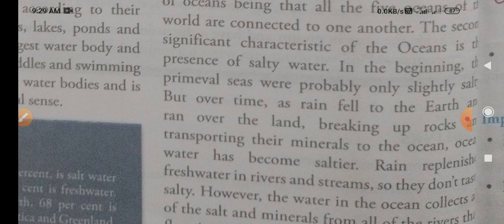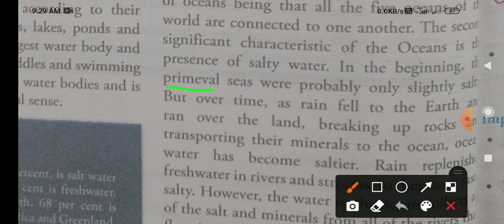In the beginning, the primeval sea was probably only slightly salty, but over time, as rain fell to the earth, ran over the land, breaking up the rocks and transporting their minerals to the ocean, ocean water has become saltier. So what does it mean? Primeval seas means the initial stage, when the seas were created. At the beginning, perhaps the salinity of the sea, the salt content of the sea, was limited.